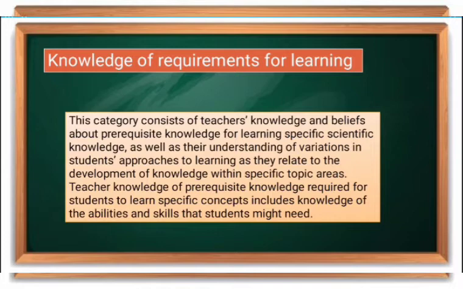Teachers' knowledge of variation in approaches to learning includes knowing how students of differing developmental or ability levels or different learning styles may vary in their approaches to learning as they relate to developing scientific understandings. Effective teachers are aware of students' differing needs and can respond appropriately.